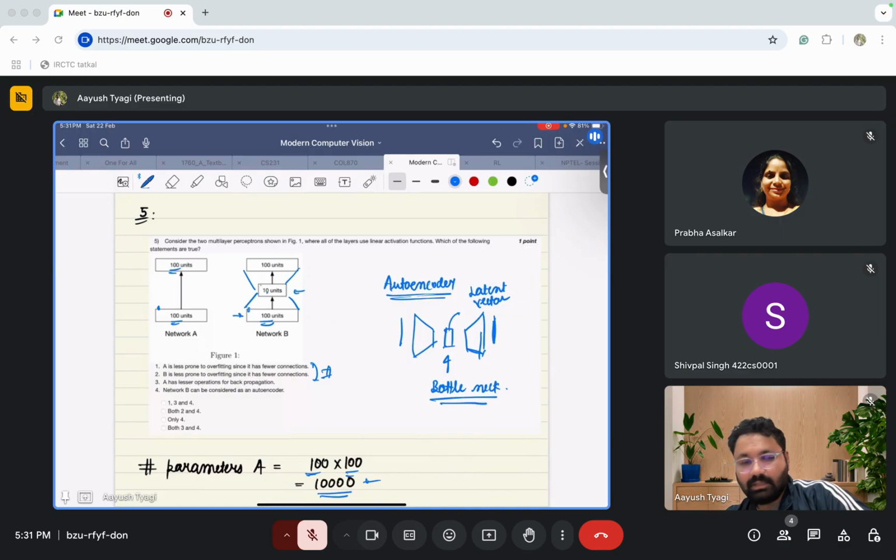You are basically doing a squeezing operation where you extract only the important features which are essential to reconstruct the input, right? So input and output: it is extracting only the very relevant information required to reconstruct it. Because of this bottleneck architecture, you can only learn limited parameters here.